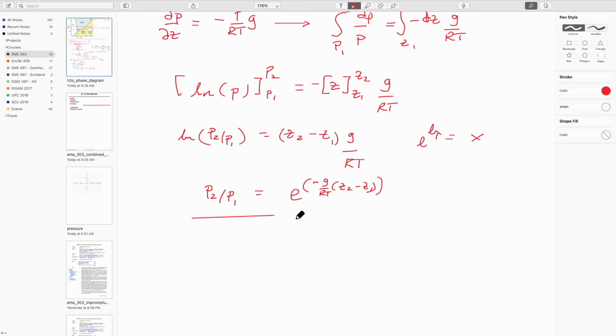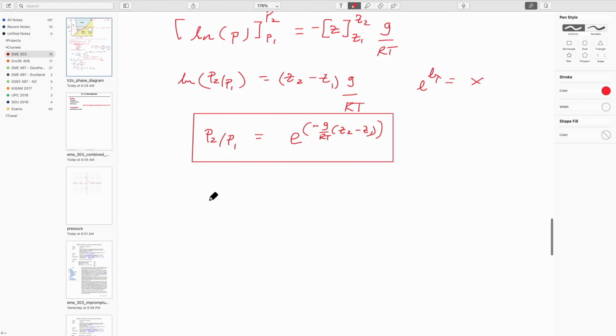And so for compressible fluid, the behavior that you get is this, and I guess you could write it, if you wanted to, as P2 is equal to P1 exponential, all in brackets, of minus G over RT, Z2 minus Z1. So a little different.